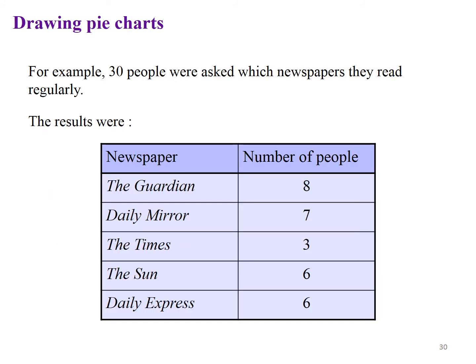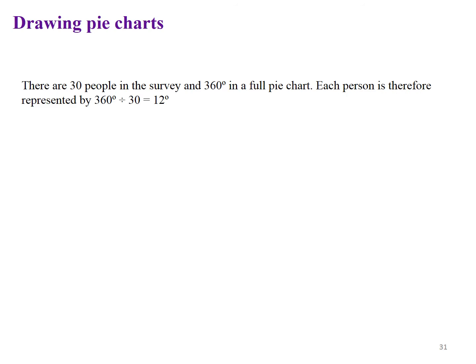Suppose you want to draw a pie diagram. Now I am going to explain a simple example. For example, 30 people were asked which newspaper they read. We have different newspapers and the corresponding number of people. To draw the pie diagram, first we need the total number, and then calculate the corresponding angles, how many degrees.